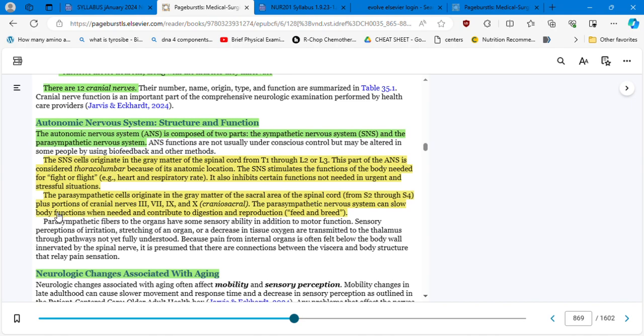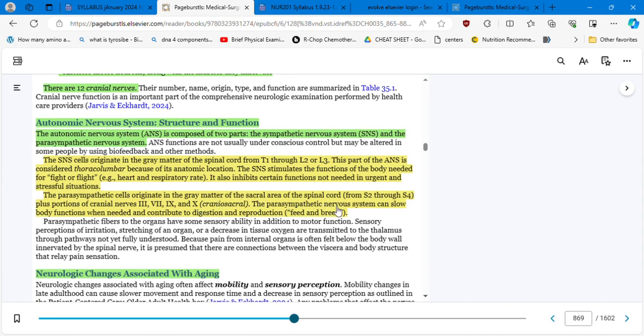Okay, let me read it again. The parasympathetic cells originate in the gray matter of the sacral area from S2 to S4, plus portions of cranial nerve 3, which is in charge of the pupil constriction, okay, and cranial nerves 7, 9, and 10.